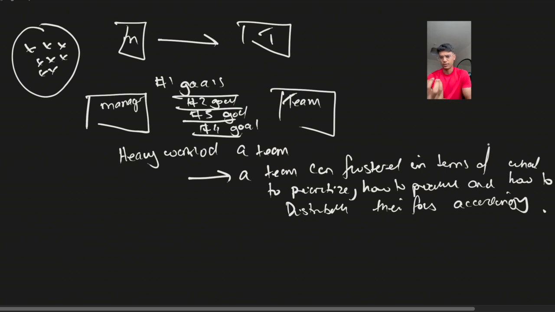The team can get flustered in terms of what needs to be done, how it needs to be done, what goals to focus on, and how to distribute the focus accordingly. And this is where the cons come in, the disadvantages of such a situation. However, a positive could be that the goals are completed at a faster rate.